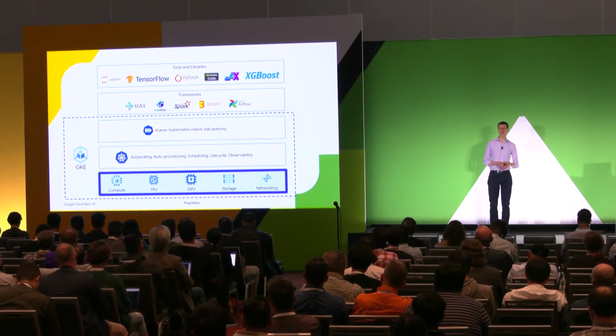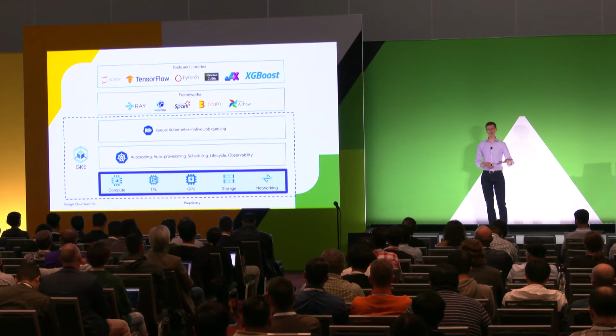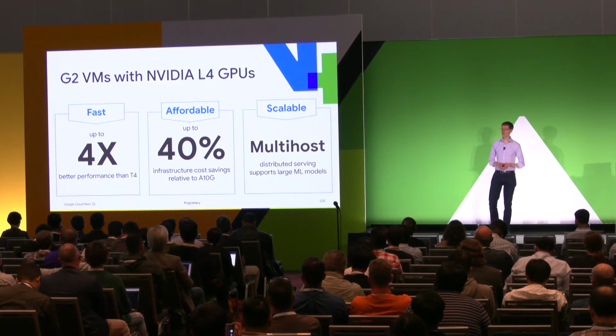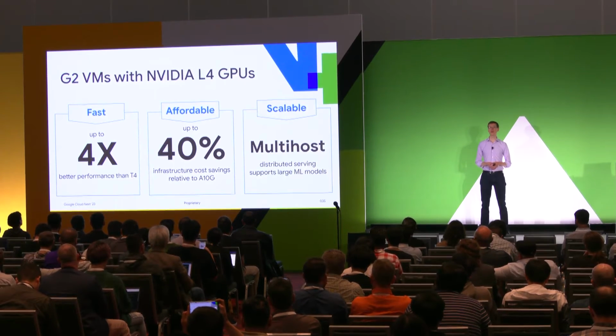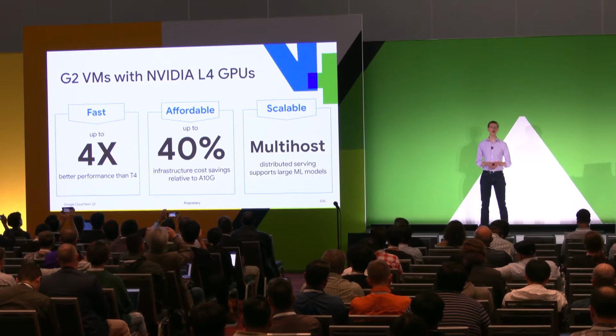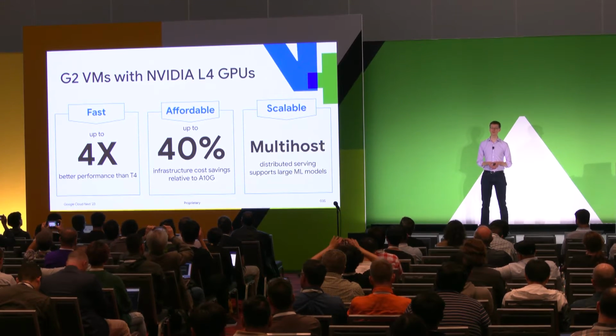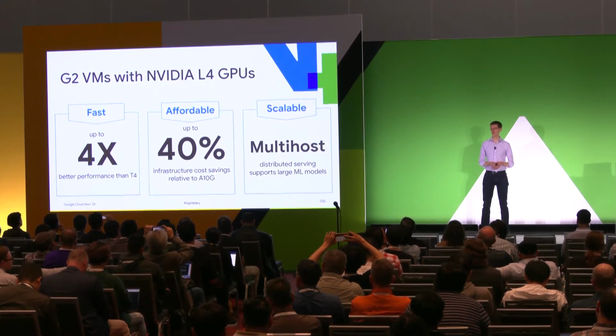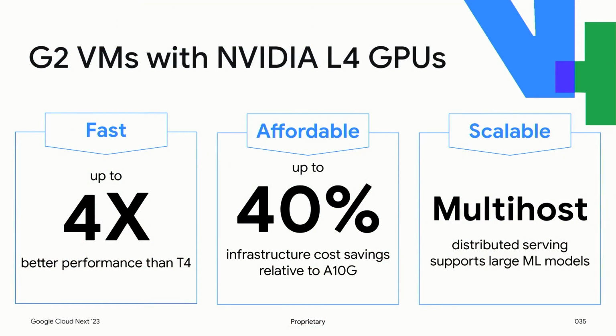Just like training, I'm going to start by looking at the foundational infrastructure that GKE provides, and we'll work up the stack. A few months ago, we announced the general availability of the G2 VM, powered by NVIDIA L4 GPUs. G2 is the industry's first cloud VM powered by the NVIDIA L4 GPU, and it's purpose-built for AI inference workloads with up to 4x better performance than the T4.